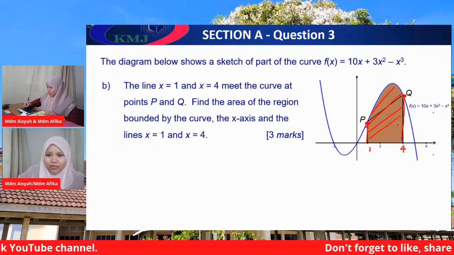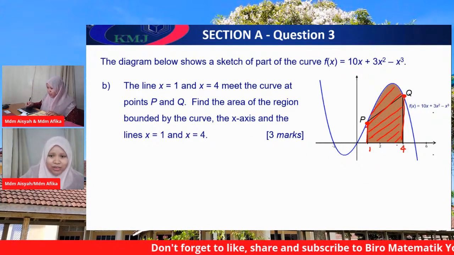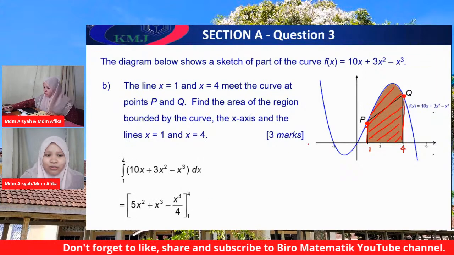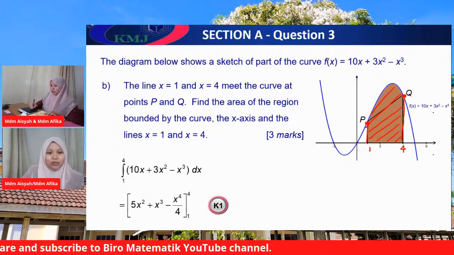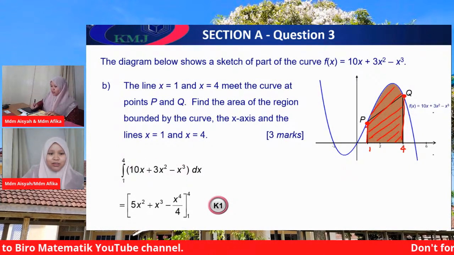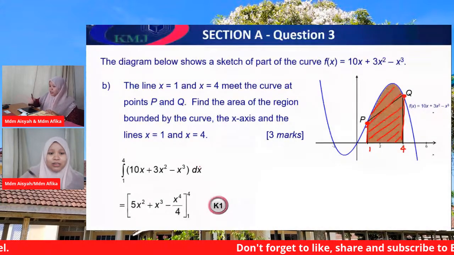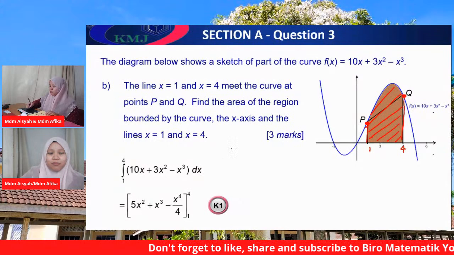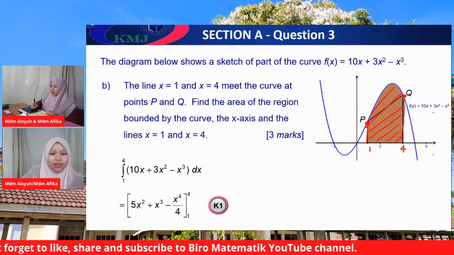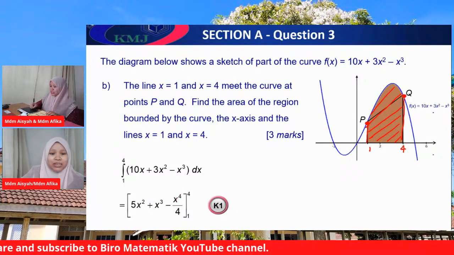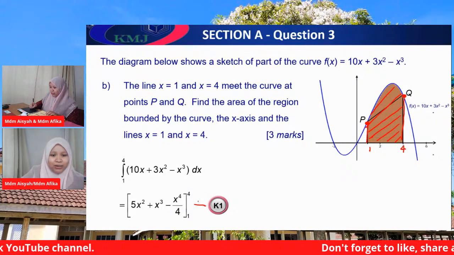To evaluate the area of the region bounded by these values, we integrate the function f(x) from 1 until 4. So take your integration from part A. From part A we get 5x squared plus x cubed minus x to the power of 4 divided by 4. We substitute 4 and 1, K1.